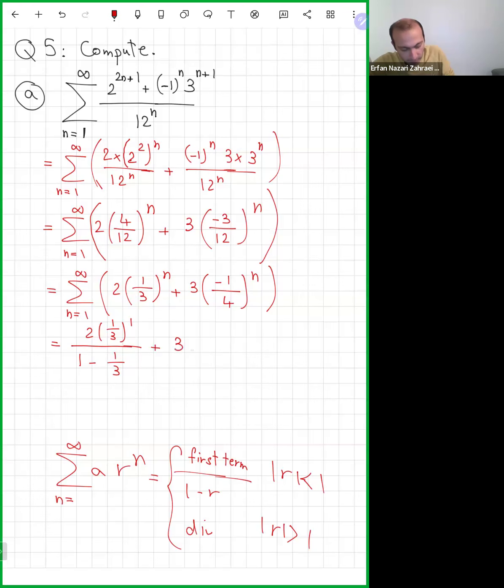Plus 3, the first term is 3 times negative 1 over 4 to the exponent 1. That's the first term because n starts from 1. Then over 1 minus the common ratio, which is negative 1 over 4.